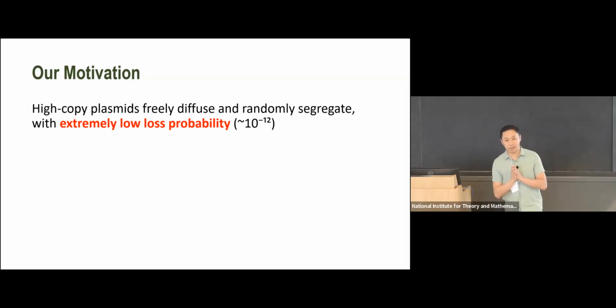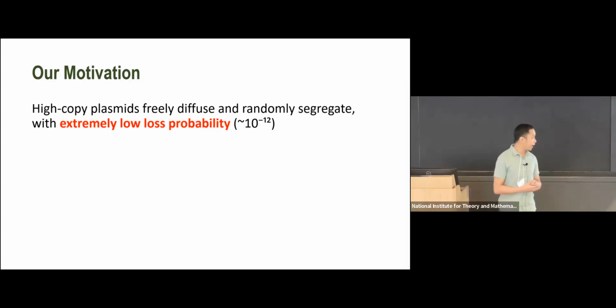So you could imagine a cell, an E. coli, dividing into two. In some cases, segregation happens such that all plasmids are segregated to just one of the poles. The more plasmid copies you have, the lower the probability of the plasmids being segregated to only one of the poles. We call that the loss probability.